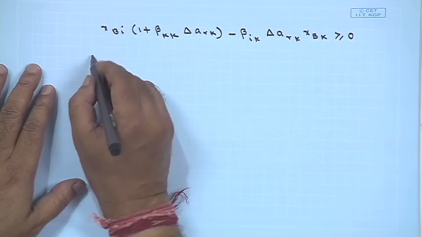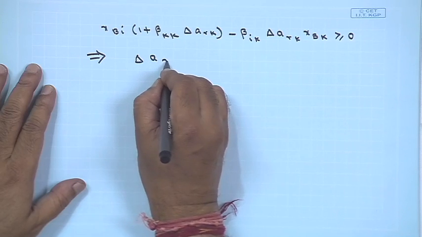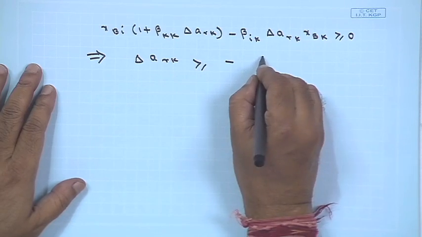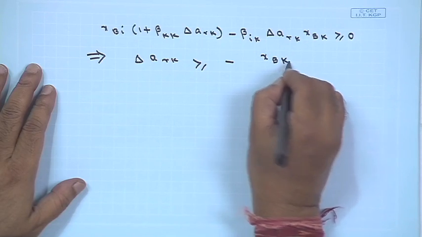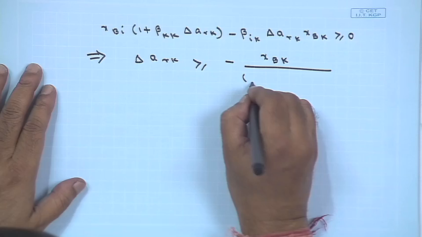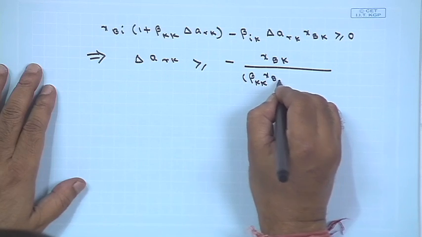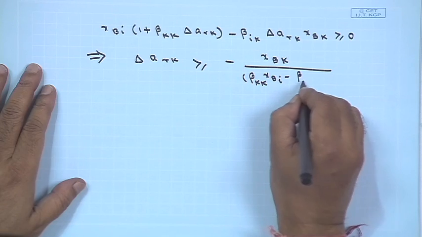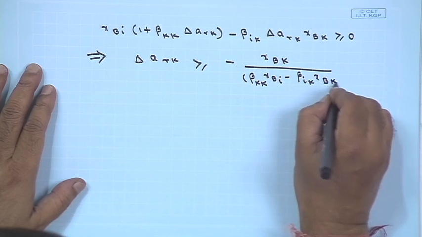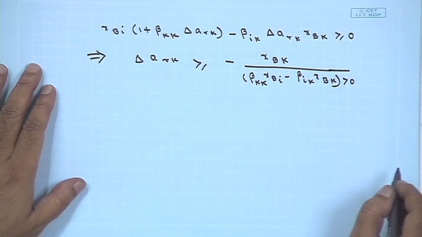So, from here, by simple manipulation, I can write delta a r k should be greater than or equal to minus x b k divided by beta k k x b I minus beta I k into x b k, whenever this quantity is greater than 0.